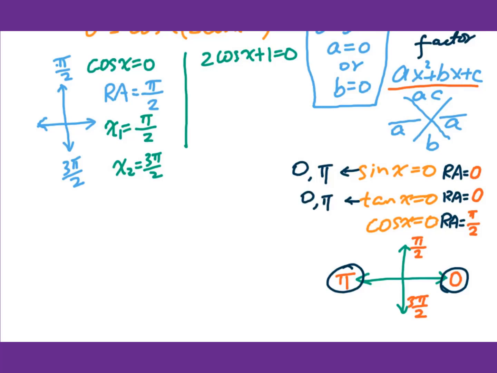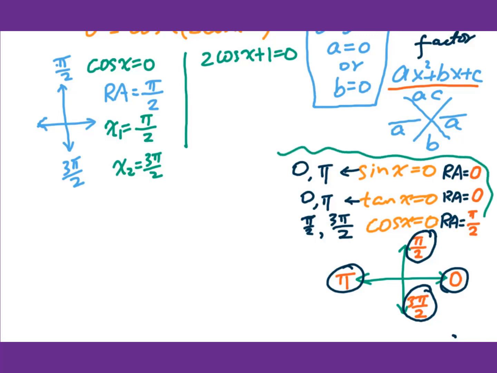For cosine x equal to 0, the reference angle is pi over 2, then 3 pi over 2 is a solution too. Therefore, we have pi over 2 and 3 pi over 2. Try to remember this pattern.